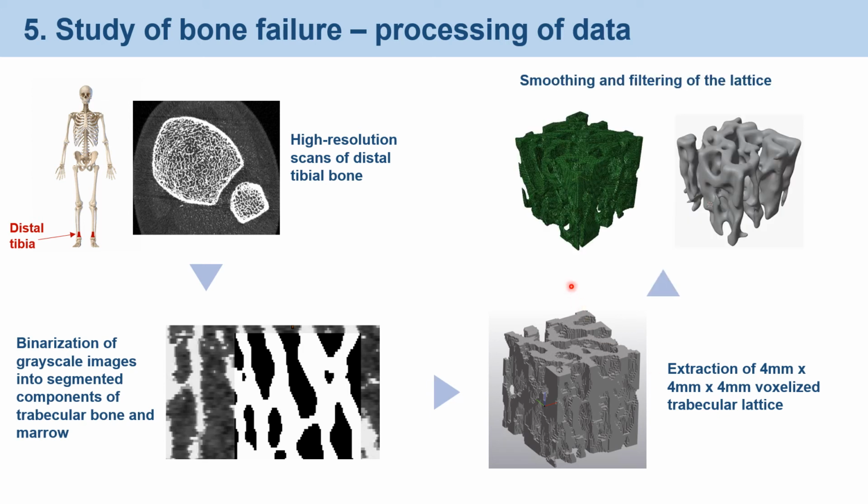After this, we smoothed this trabecular lattice with different filters and different degrees of smoothing, as you can see on these two images. I also want to add that marrow is also present in our study. Although you cannot see it in these images, we consider that the marrow filled all the spaces between the trabeculae.